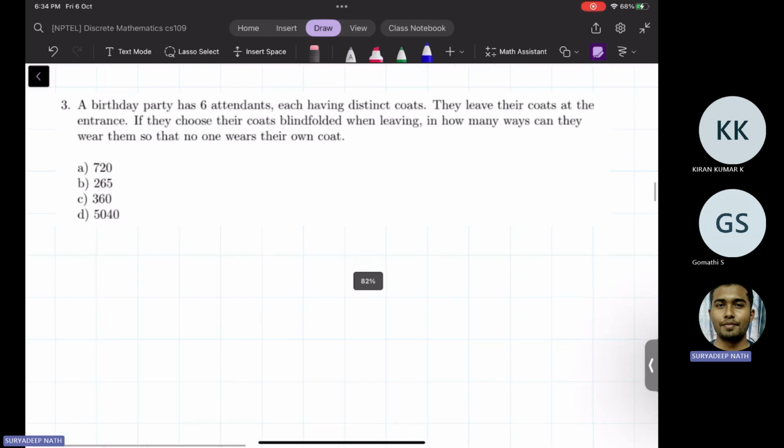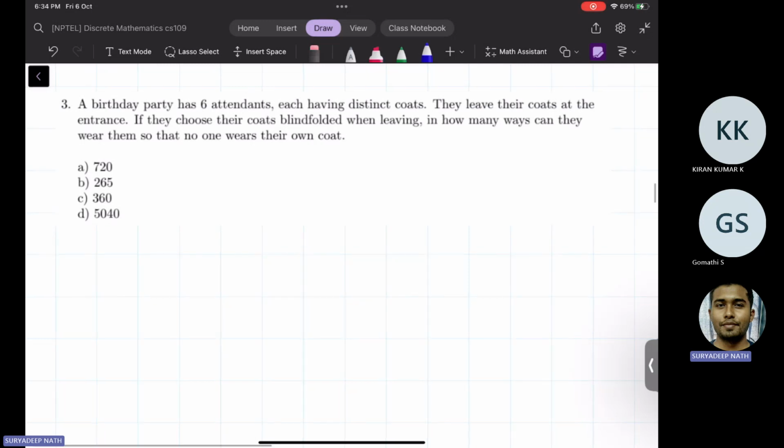Moving on to the third question, again we have a derangement problem. We have 6 people who went to a birthday party, and they leave their coats at the entrance, and they choose their coats blindfolded while leaving. In how many ways can they wear them so that no one wears their own coat?